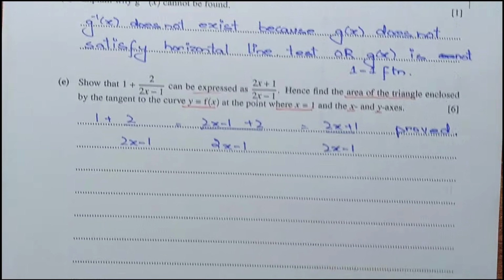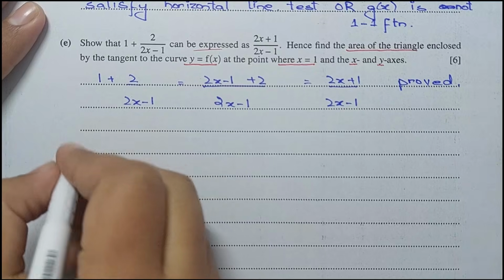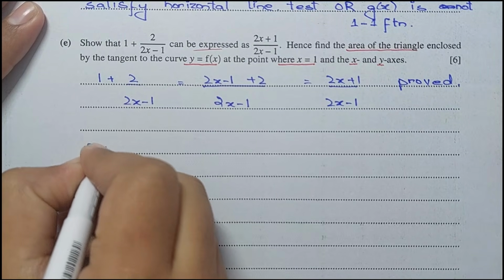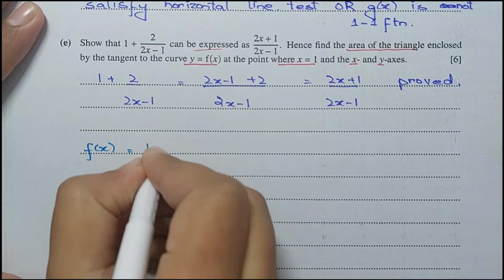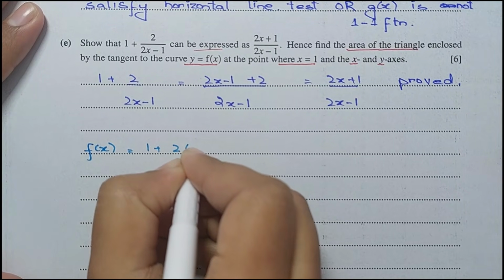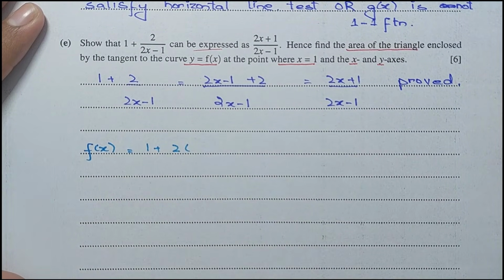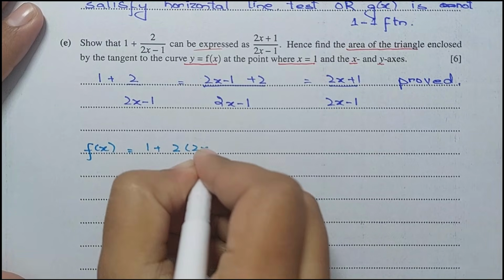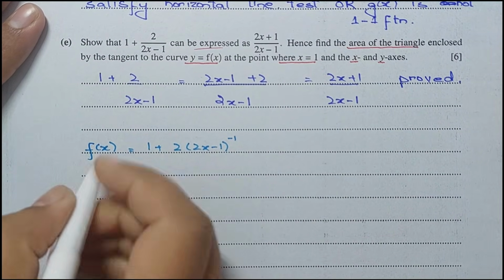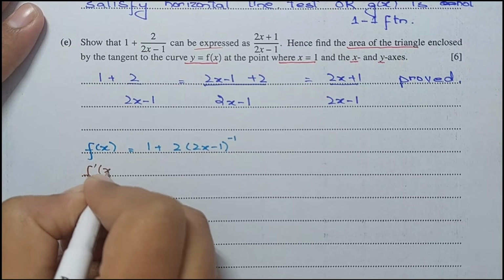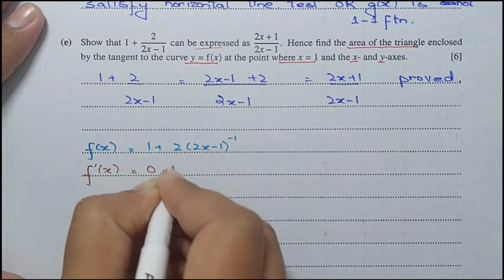Okay, right. Now we have the function f of x, which you can write down as this one or this one, both are okay: 1 plus 2 into (2x minus 1) to the power negative 1. So if I find its derivative, f prime of x, the derivative of 1 is 0, 2 is a constant number.